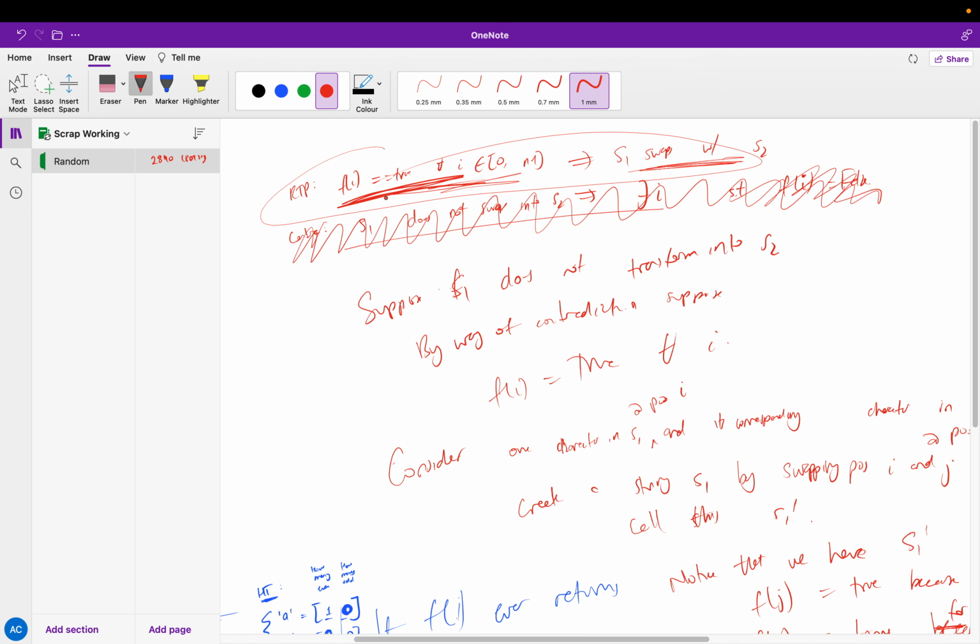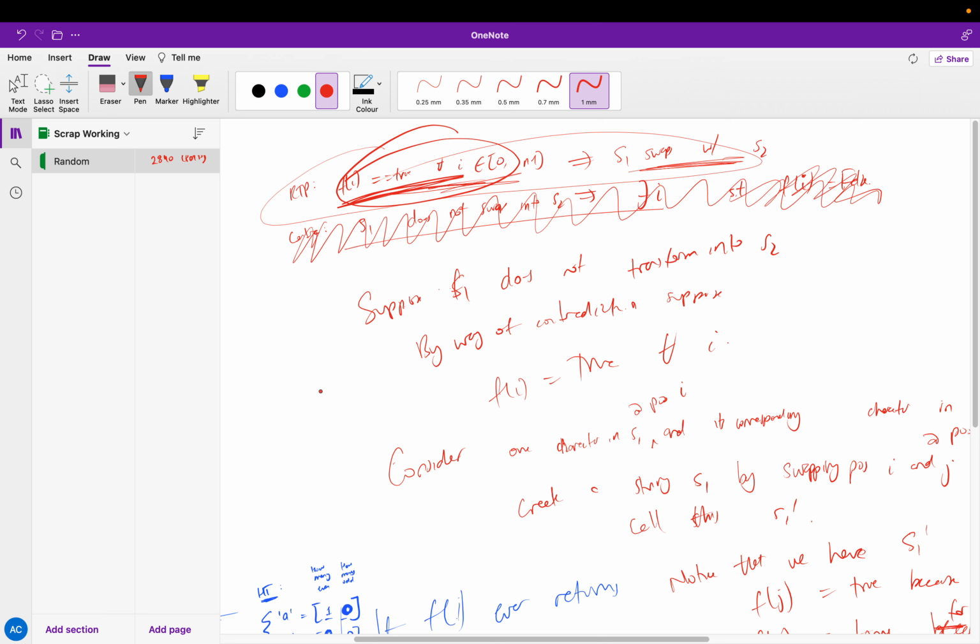Suppose this is true, and then conduct some swap between the character at position I and its corresponding character at position J. The character that was moved into the correct spot is now in the correct spot.